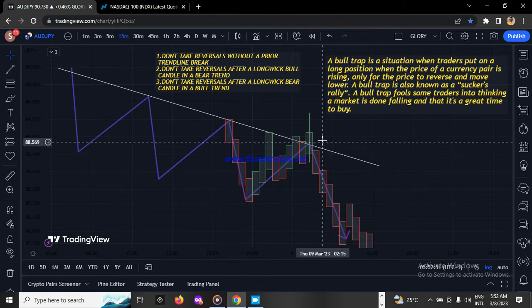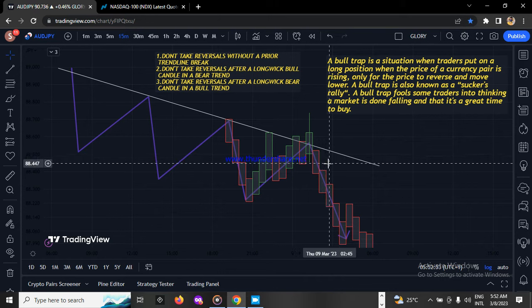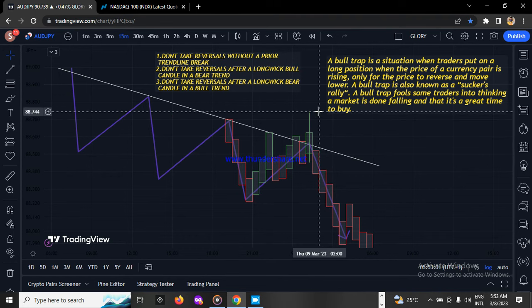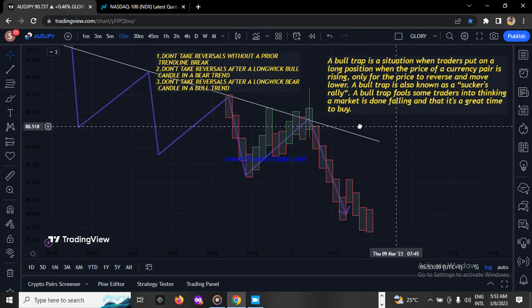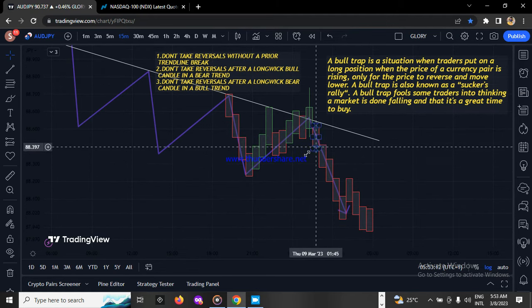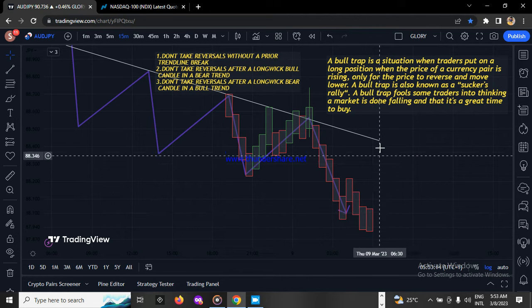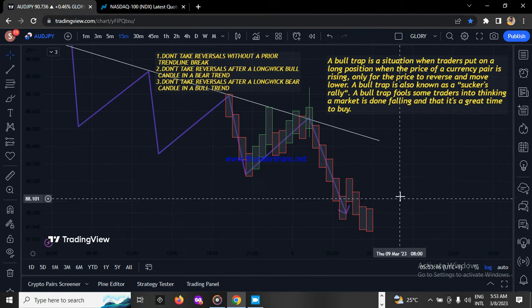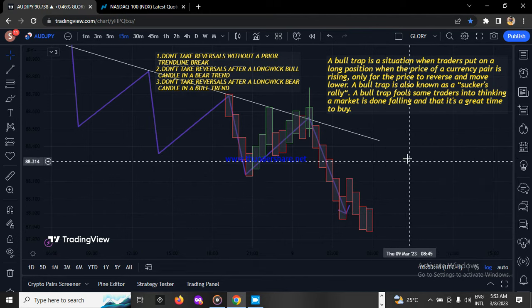As soon as the next candle goes below the low of the bull candle, that is your entry, and your stop loss should be placed above the top of the wick of the bull candle. And of course, for your take profit, you can either trail it or go with 2 to 1, depending on your preference.